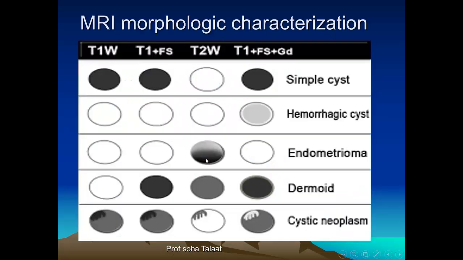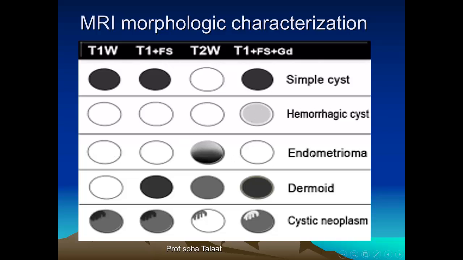So this is endometrioma. And this is a nice table here to show how we diagnose by MRI according to the different sequences. T1 fat suppression, here low, bright on T2, and there is no enhancing lesion on post-gadolinium, so this is just a simple cyst. Hemorrhagic cyst will be bright on T1, bright on T2, bright on fat suppression, and no enhancement. In the subtraction, as we said.